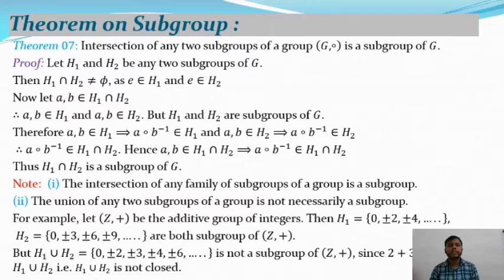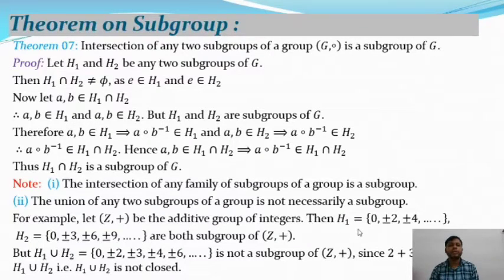So the intersection of any family of subgroups of a group is a subgroup, and this is the proof of the above theorem. But the union of any two subgroups of a group is not necessarily a subgroup. For example, let Z with plus be the group, where Z is the set of integers and plus is the operation addition, an additive group of integers.